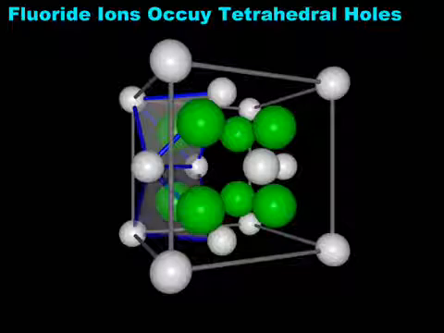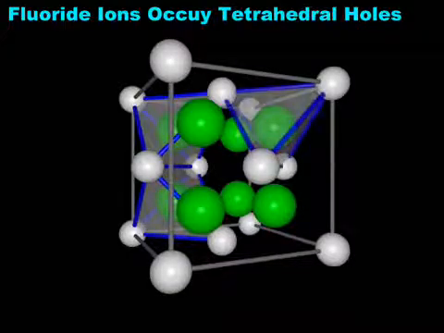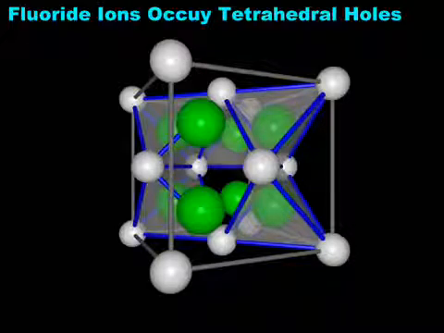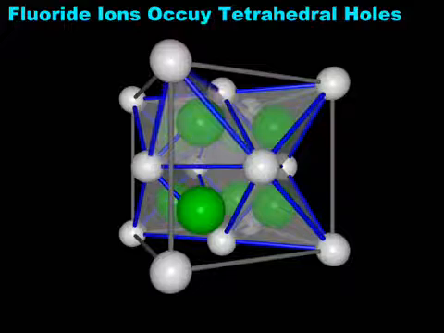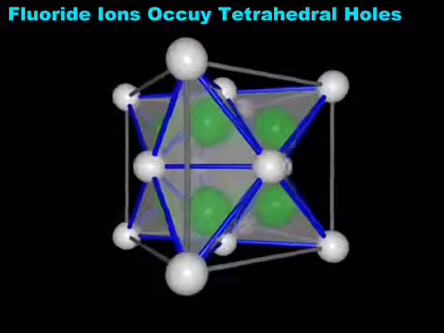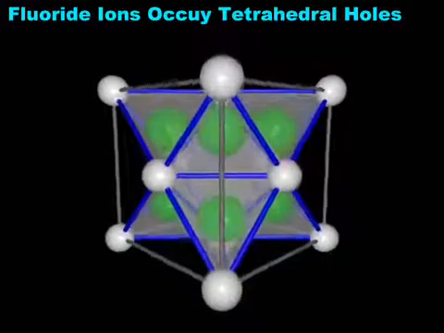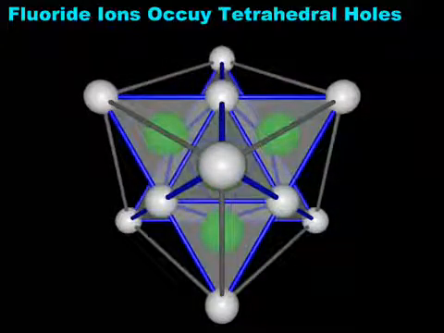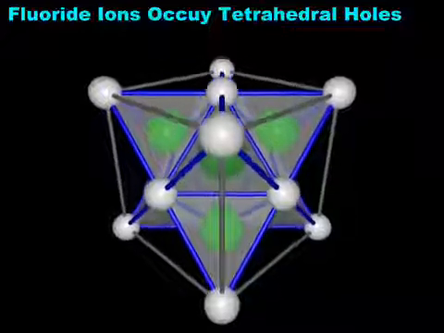Each fluoride ion lies at the center of a tetrahedron of calcium ions. Since an array of n close-packed ions gives 2n tetrahedral holes, and since there are 2 fluoride ions for every 1 calcium ion, all of the tetrahedral holes are filled.